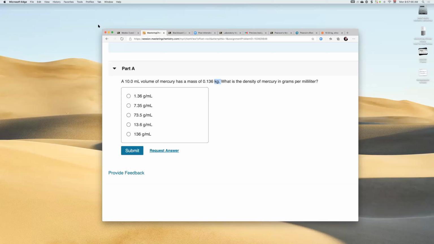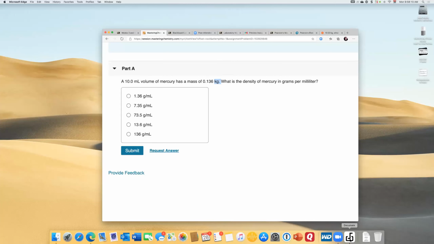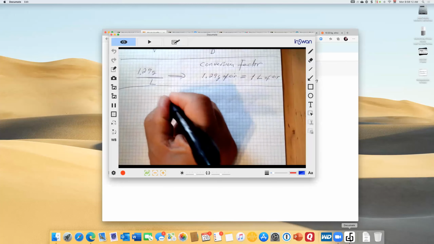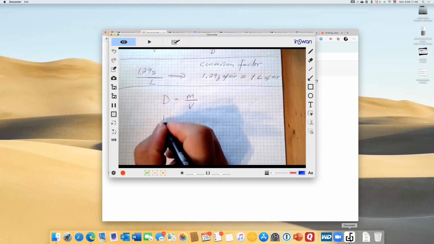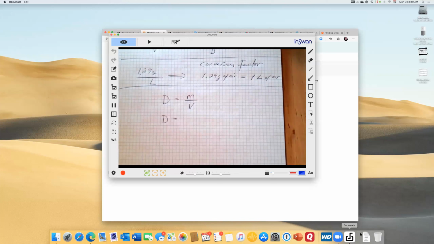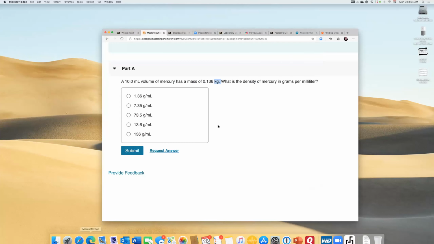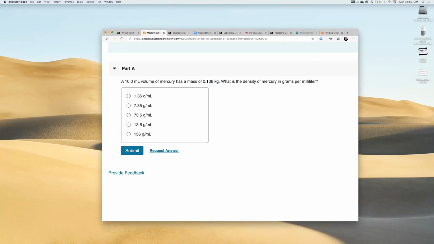So the question is, what is the density of a sample of mercury given the volume and the mass of mercury? Let me switch over here and write density equals mass over volume. The units of mass that the problem is giving us are kilograms, but they want the answer in grams.